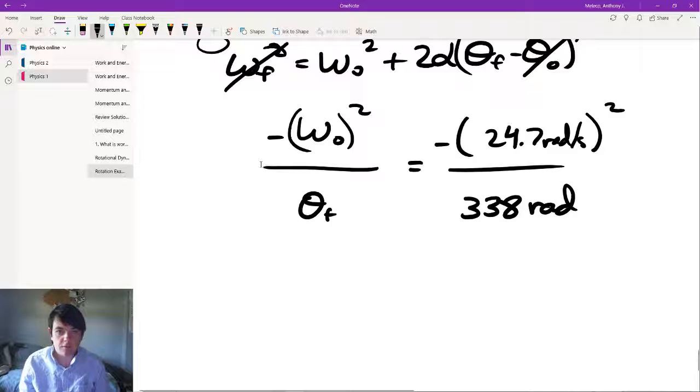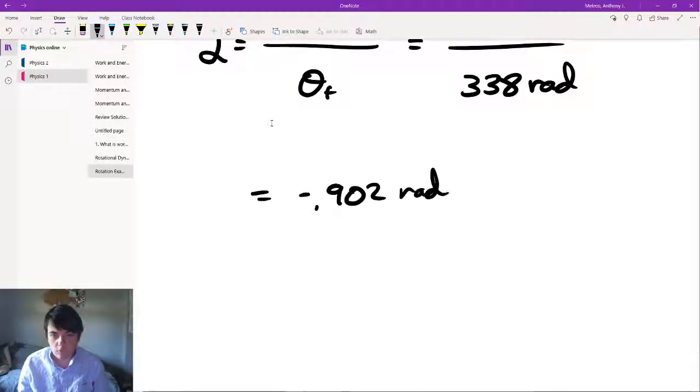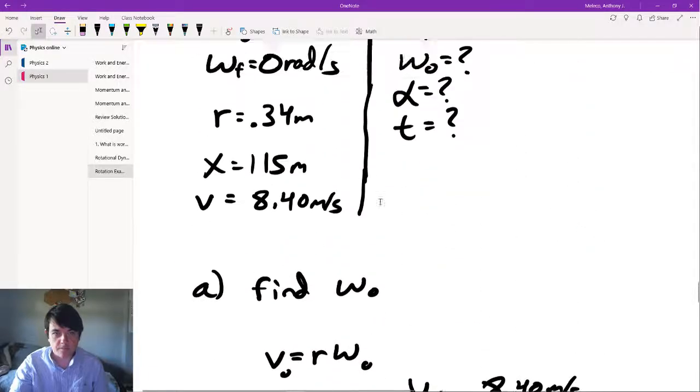And if you do that out, you actually get minus 0.902 radians per second squared for alpha. Okay? So that's our angular acceleration alpha.